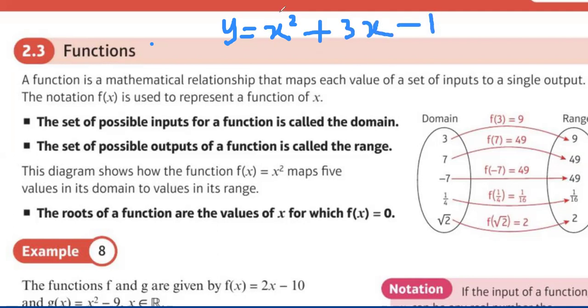Then x is what we call the input. Then the output is y. The set of possible inputs, that means the set of possible x values, we call the domain. The set of possible outputs, also you can say the set of possible y values, is called the range.